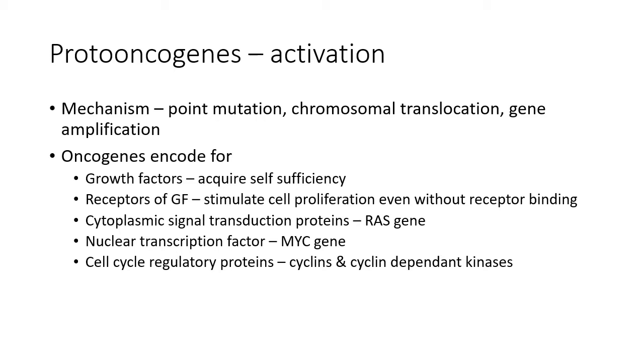But here in tumor, in mutated form, these growth factor receptors stimulate cell proliferation even without binding to the growth factor, that is, even without the presence of growth factor. Examples of growth factor receptors include EGF receptor, c-KIT receptor, etc.